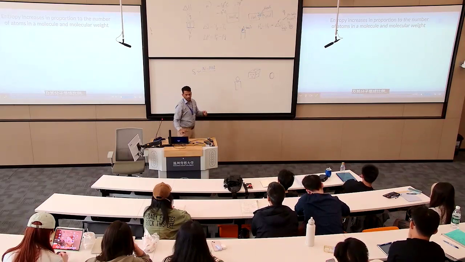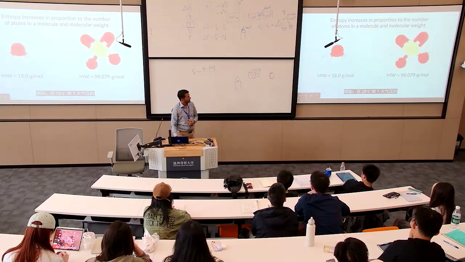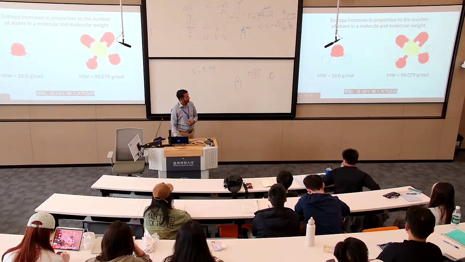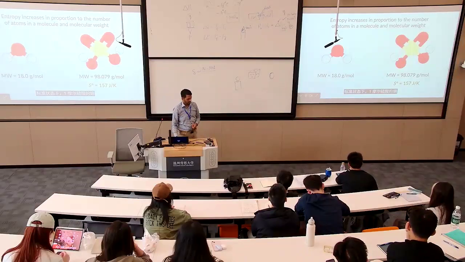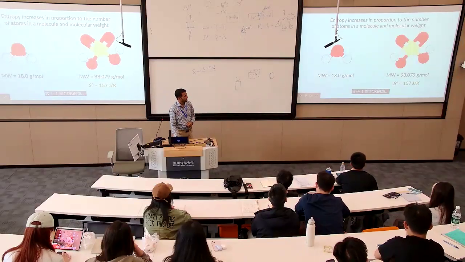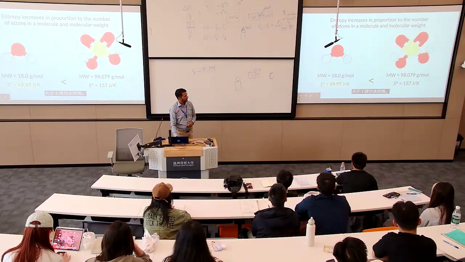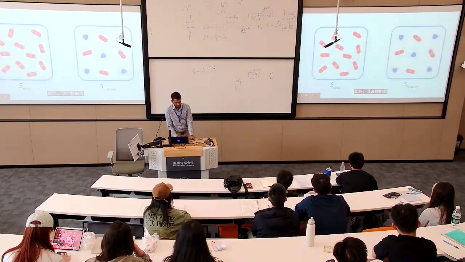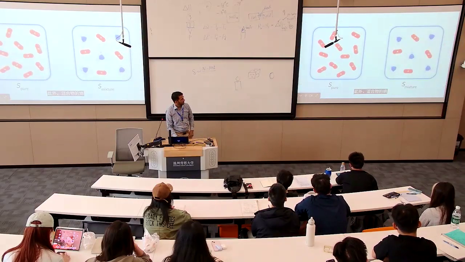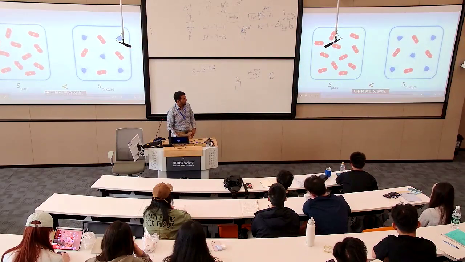So you learn 2 things. For example, under standard conditions of 25 degrees Celsius and 1 atm, the entropy of 1 mole of sulfuric acid is greater than the entropy of 1 mole of water. Additionally, the entropy of a mixture is greater than the entropy of its pure components.